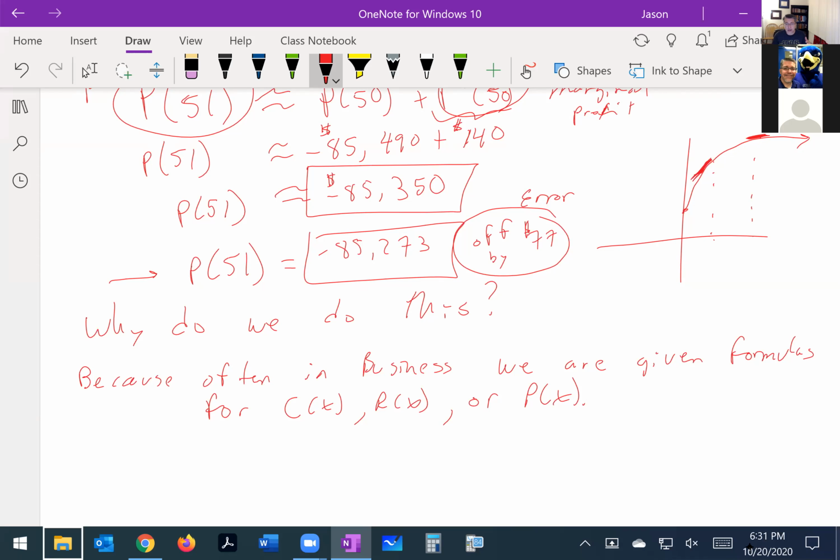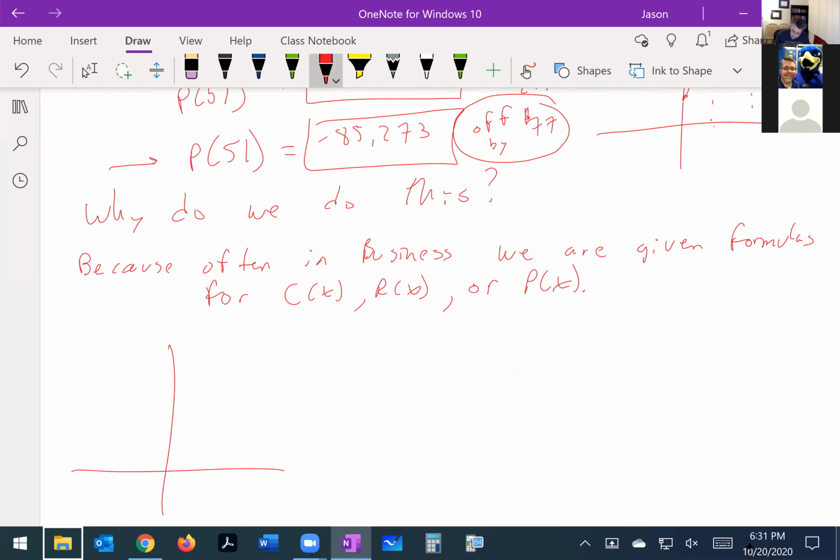When I sold 50 items, I made this amount, and it cost me this amount. I have data points, but I don't necessarily have a function. When I sold 5 units, I made $100, and when I sold 10 units, I made a little bit more, maybe 250 or 225.